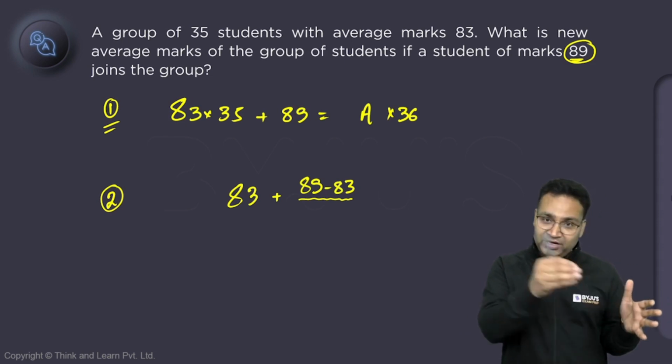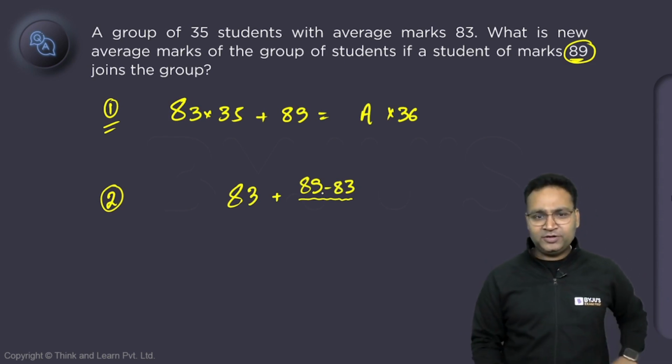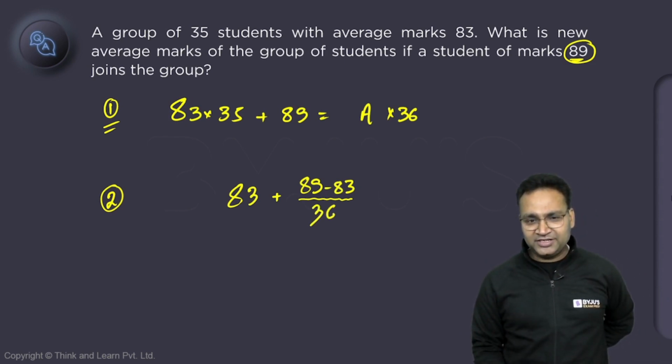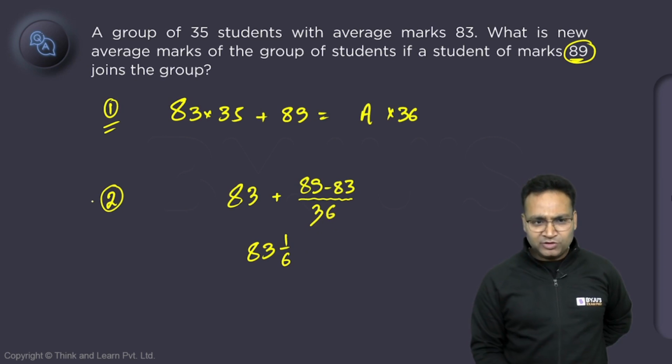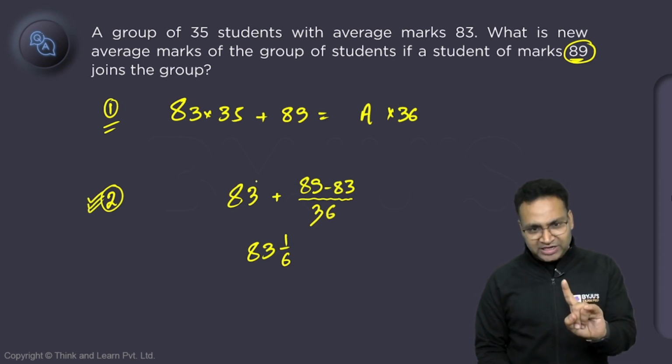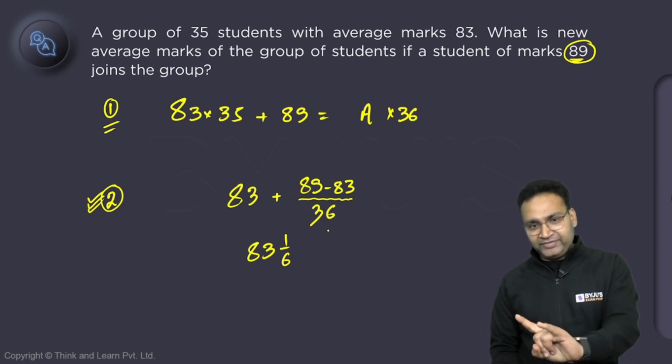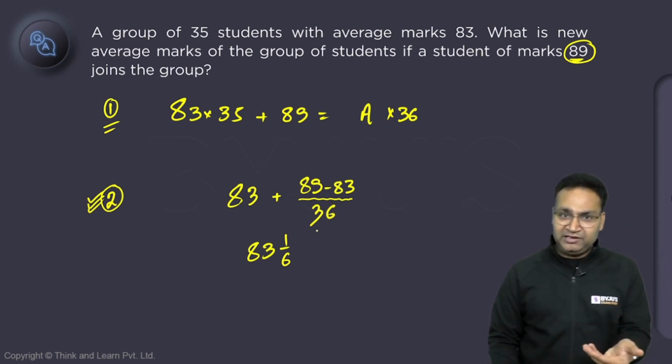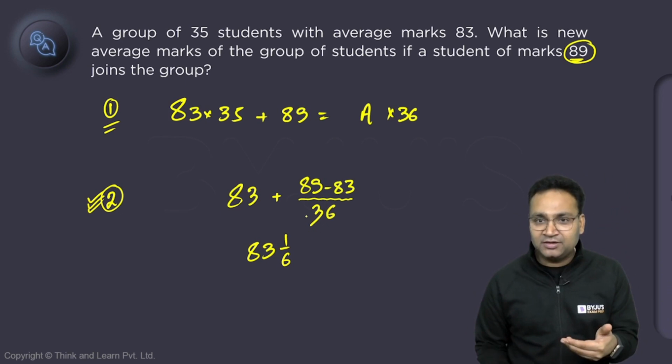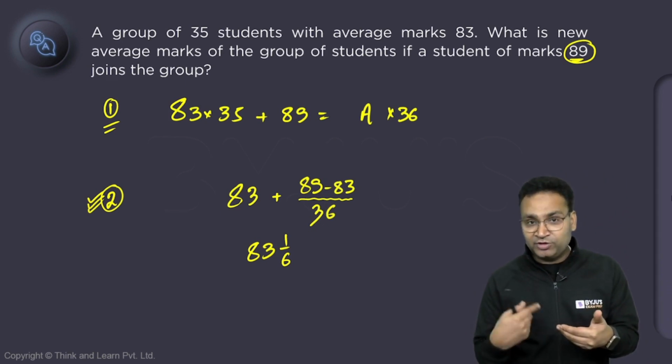But once you consider 89 as a part of the group, number of members will be 36. So answer is 83 plus 1 by 6, 6 by 36, 1 by 6. Don't you think this method is a faster one? What did I do? Initial average plus total deviation by number of elements. Obviously, I always consider the new number of elements.